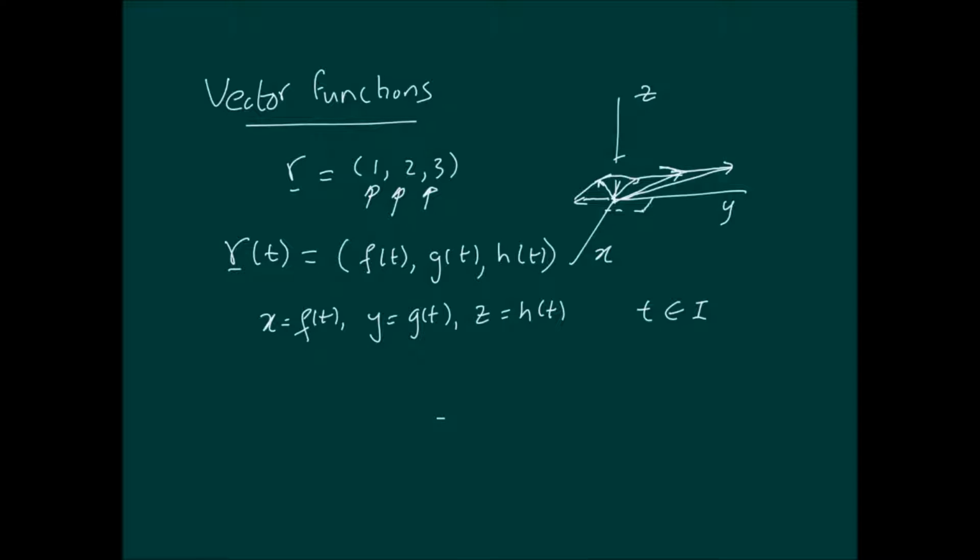If you were to connect the path traced out by the position vector, by the object or the particle, you would get a curve. And that curve can be called the path of a particle. It is also referred to as a space curve. So basically what we're dealing with here is a path that is traced out for the vector function r of t, and we can refer to that as a space curve.